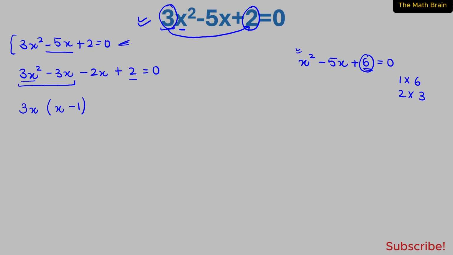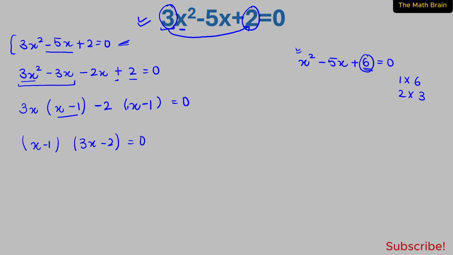And here, because we need minus 1 in the bracket, x minus 1, if we take minus 2 common, we will get minus 1 is equal to 0. Here x minus 1 common and 3x minus 2 is equal to 0.